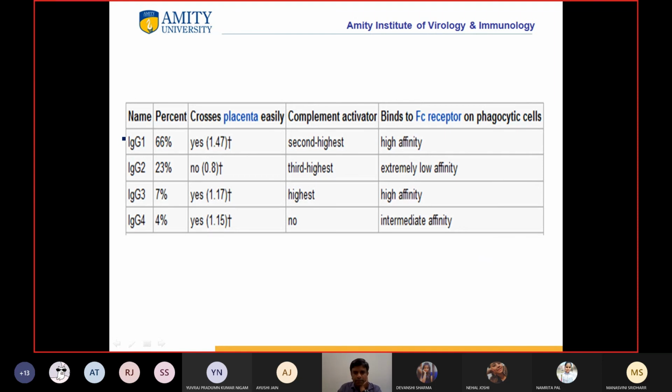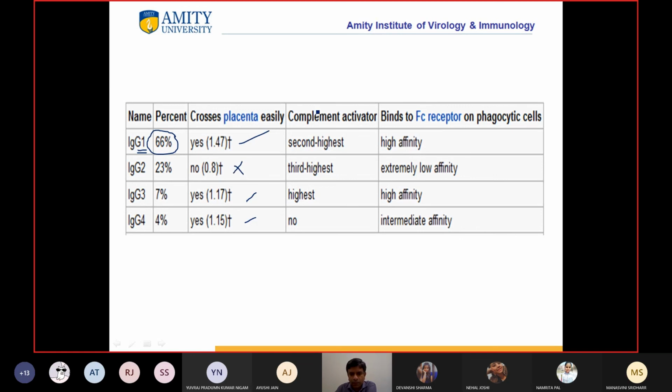There are four types: IgG 1, 2, 3 and 4, right? And it was mentioned it has been numbered according to the concentration. So in our body 66% of immunoglobulin G is IgG1, okay? IgG2 is 23%, IgG3 is 7%, IgG4 is 4%. Which of them can cross placenta? You can see IgG1, 3 and 4 can cross placenta, but IgG2 cannot.